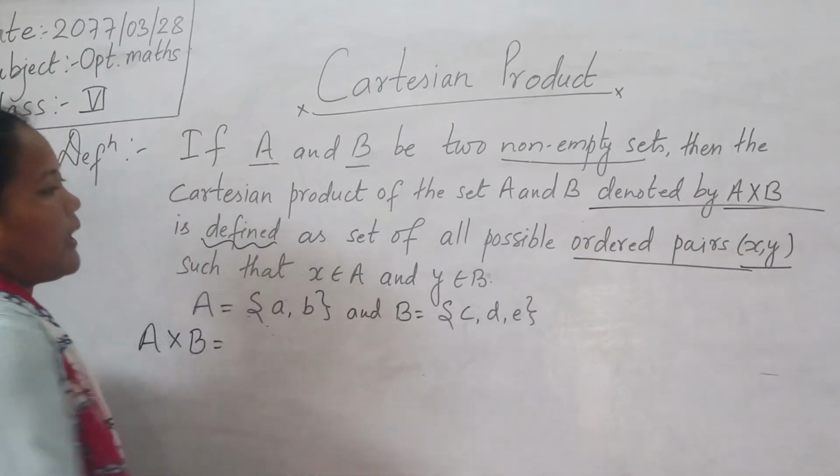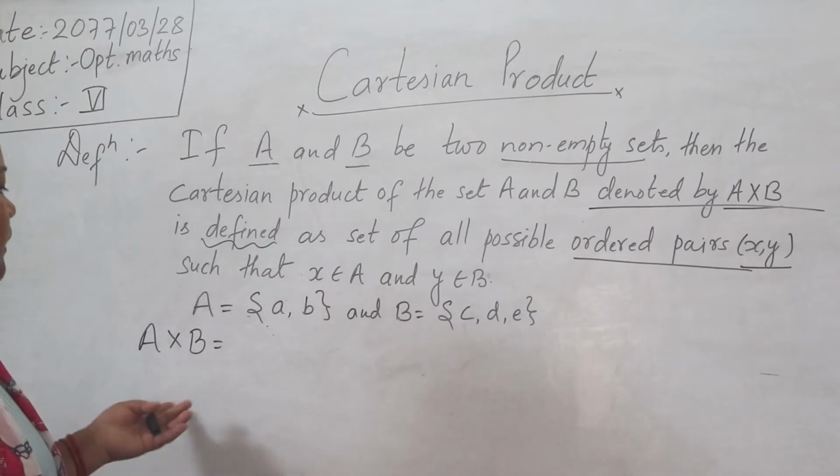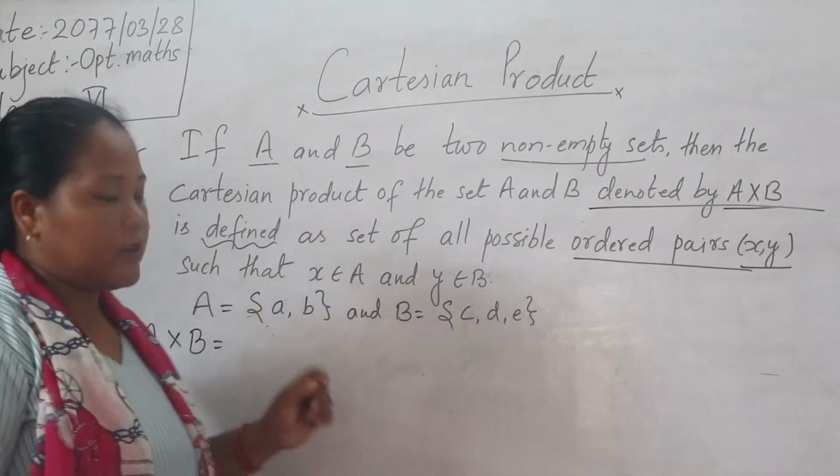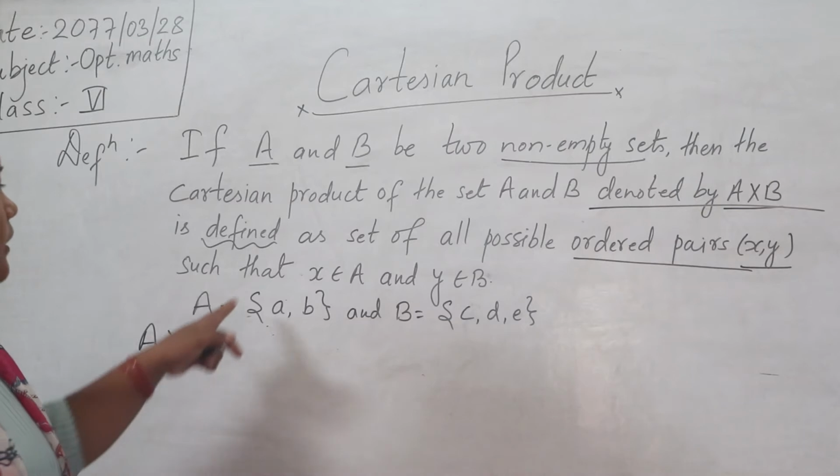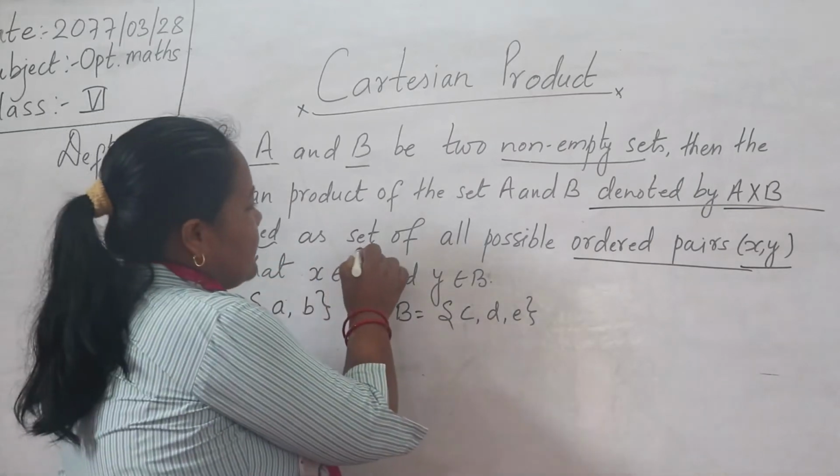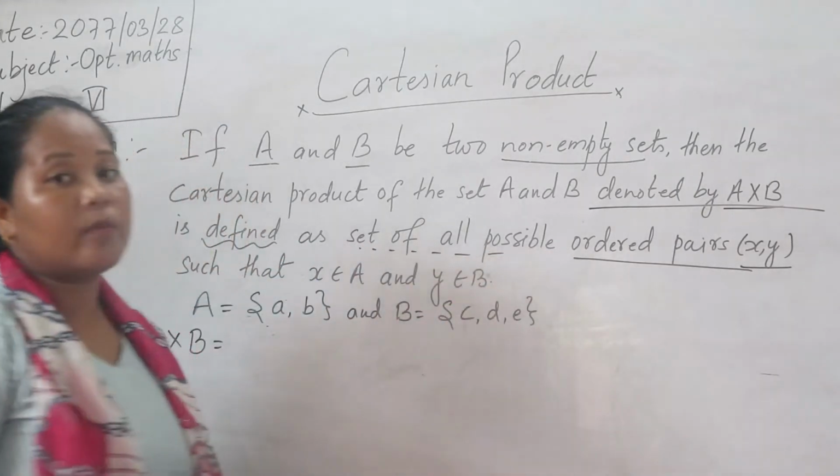how to define the Cartesian product of A and B: it is the set of all possible ordered pairs.